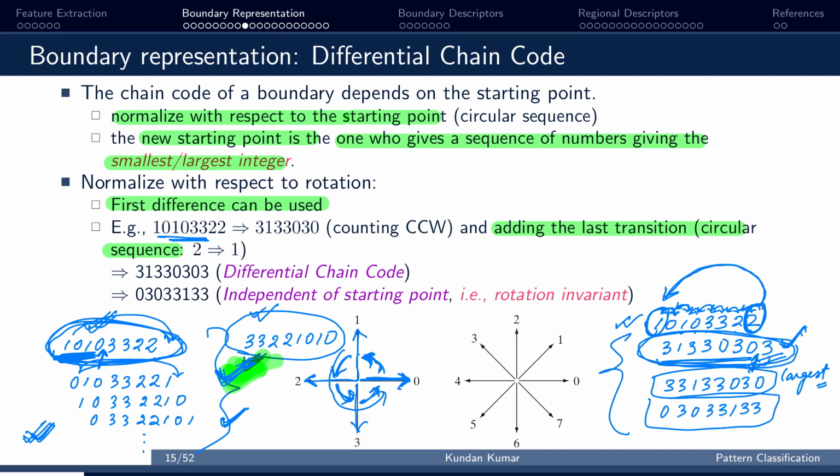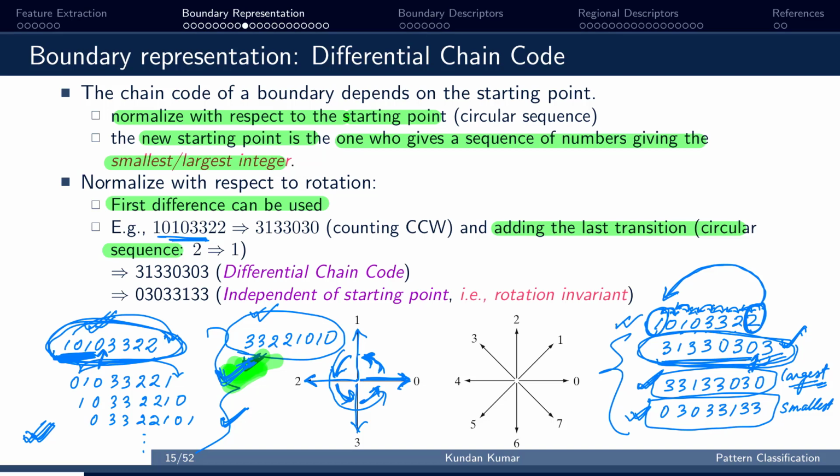We can choose any one. If we consider the largest integer, then this will be our rotation invariant differential chain code. And if we consider the smallest integer, then this will be our rotation invariant differential chain code. But this assumption should be consistent throughout our implementation.